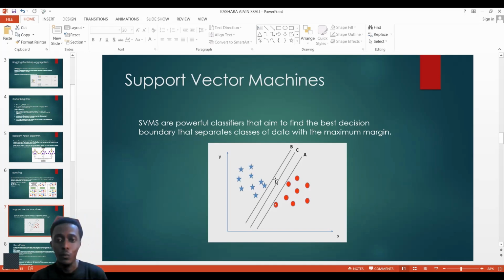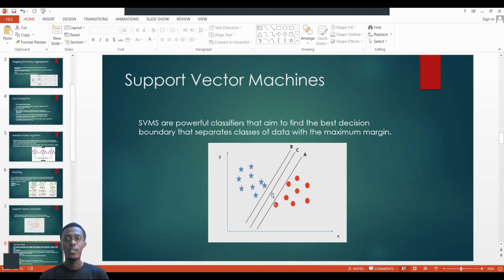Margin, you could think of as the distance from the closest data point to the best decision boundary. When we maximize this margin, this creates more room for data that wouldn't be misclassified. So there's a bigger distance from the closest data point to the hyperplane or decision boundary.